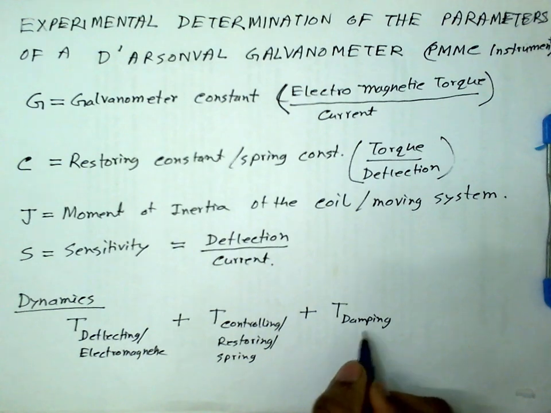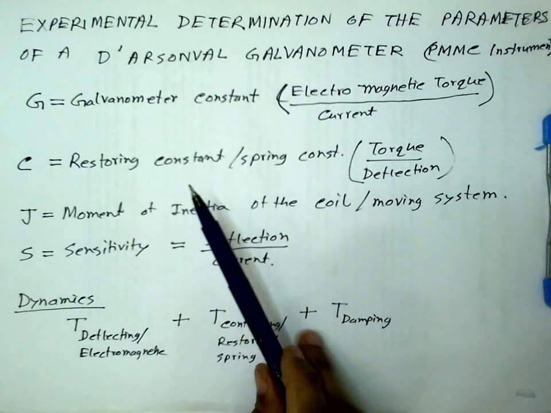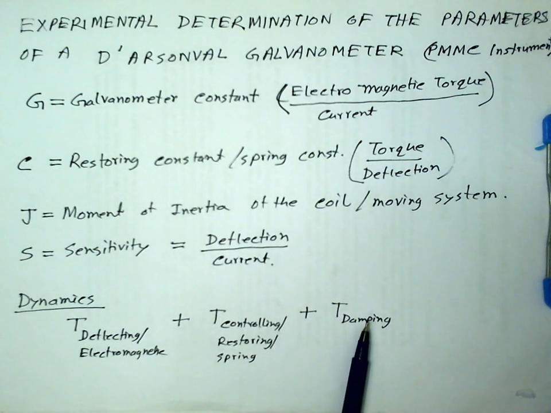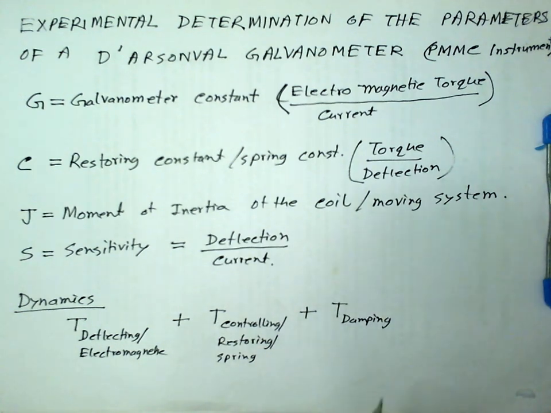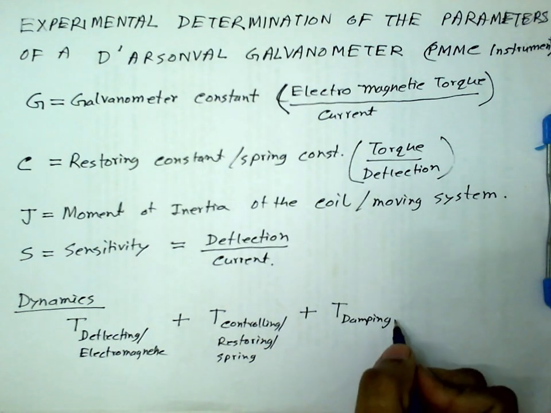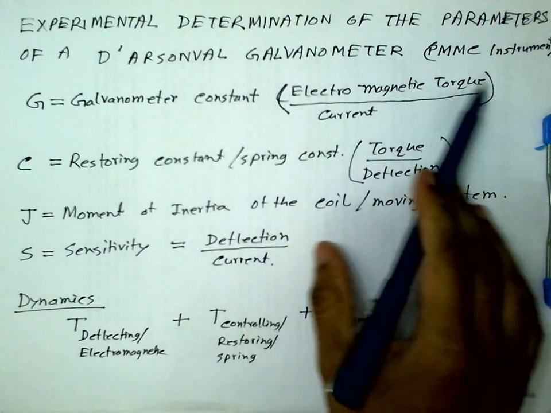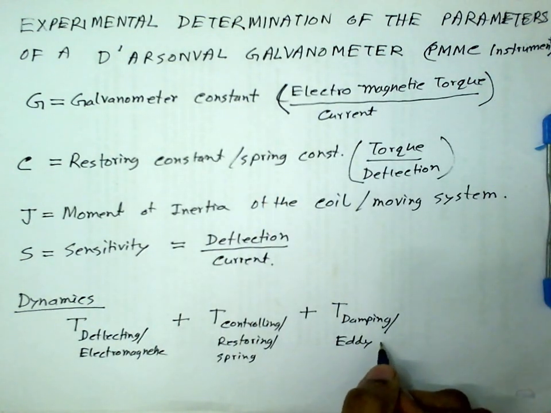This is the torque which is generated only during the movement of the coil. If the coil is not moving, then this is zero. It tries to bring the pointer to its settled position quickly so that it doesn't oscillate much. In this particular galvanometer, we will use the eddy current damping mechanism.